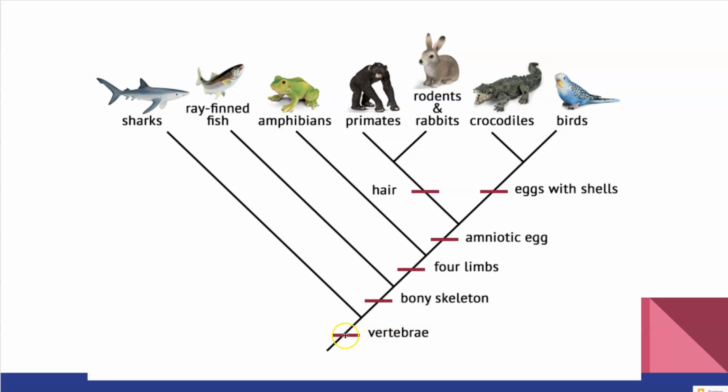So this is the point of origin, this is the point where we're starting. This is what we would consider to be almost an outlier characteristic. So everything to the right along the trunk of the tree, if we consider this to be the trunk, everything to the right of that characteristic, those organisms have that characteristic. So all of these animals have a backbone.